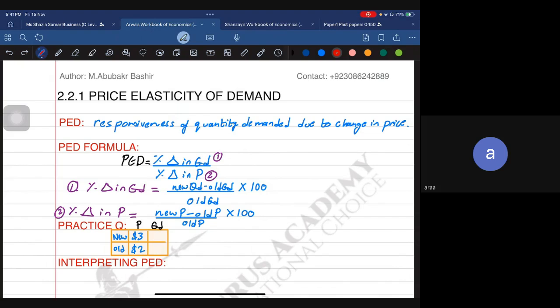So whenever a question is given to you, first see the question, because you know that the relationship is always going to be negative. How come the price is increasing, so the quantity is increasing, right?